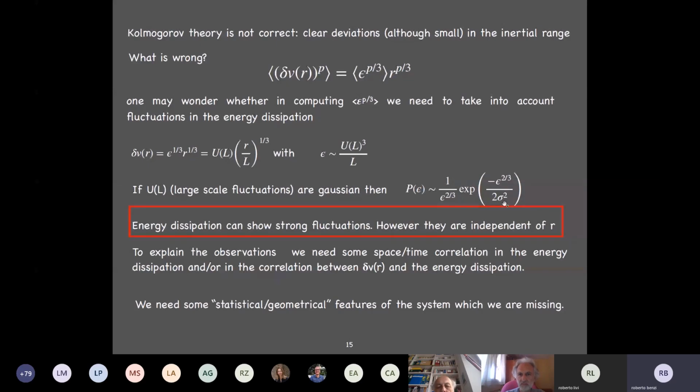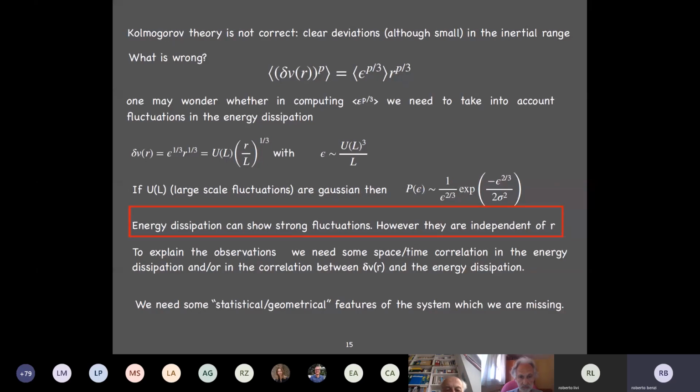When you look at the velocity difference, what you look at is a fluctuation on scale r. So the problem is not just the fluctuation of the energy dissipation, but how they depend on space.